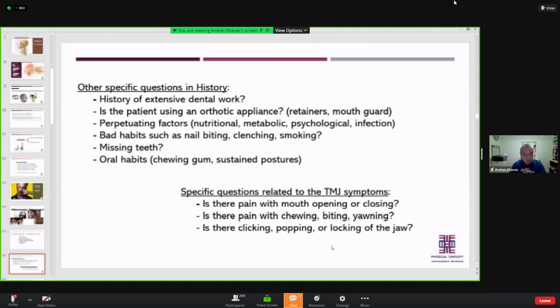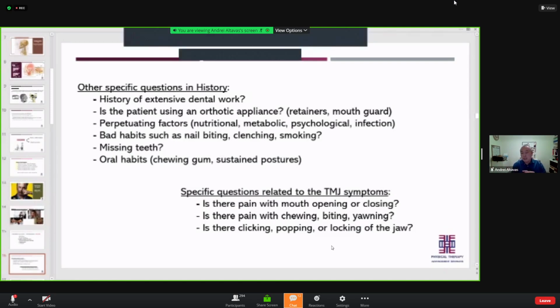We need to progress our management for these patients. Unfortunately, I consider that more of a complex problem, which takes time, several sessions of therapy and management, whether manual or exercise.